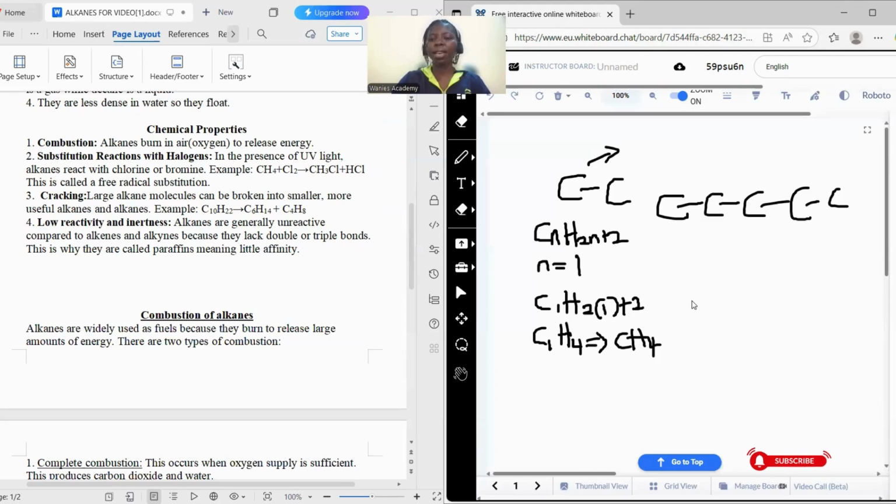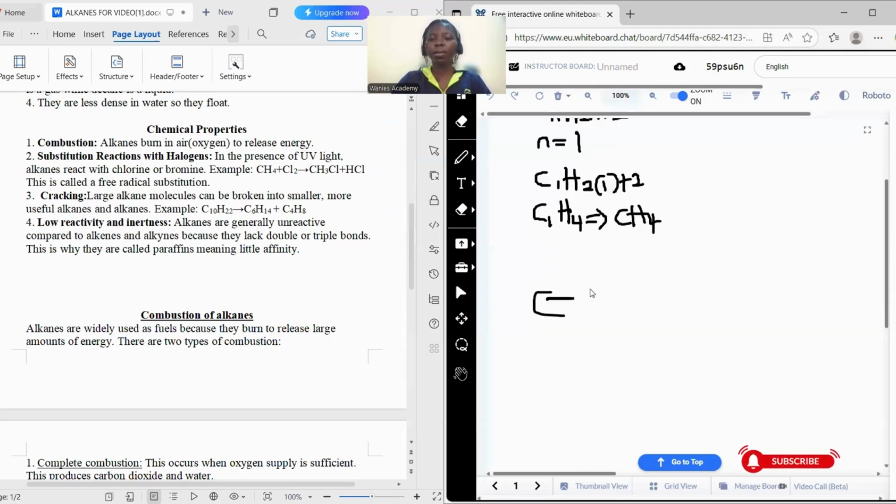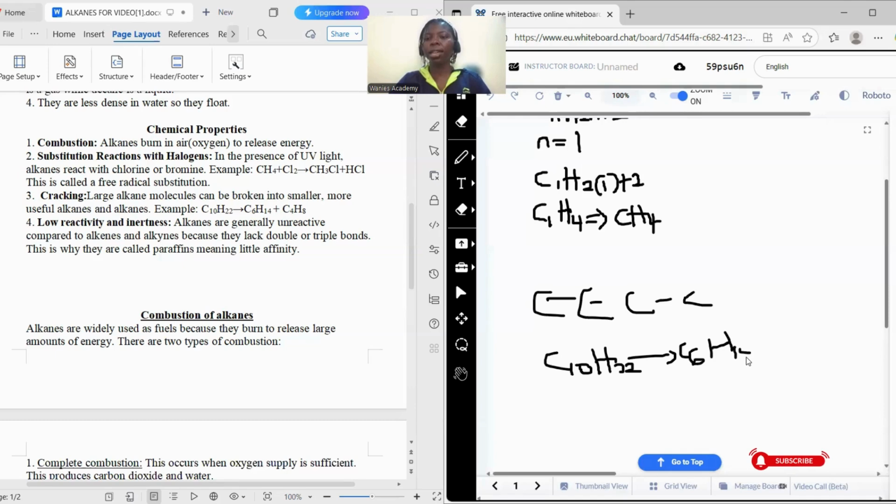An alkane that has 10 carbon atoms, which is decane, this is the formula of decane, can be broken down to hexane, which is C6H14, and butane, which is C4H8. So a larger alkane can be broken down into smaller and useful alkanes.